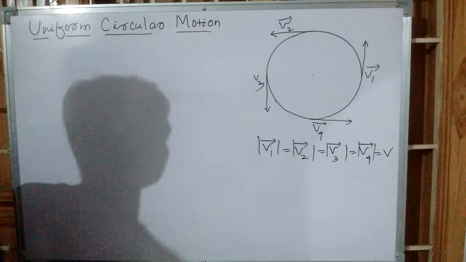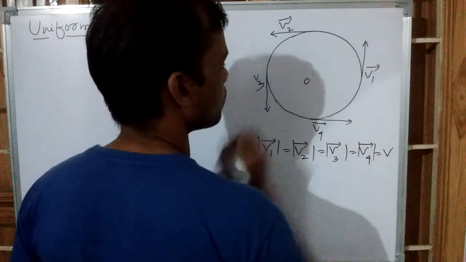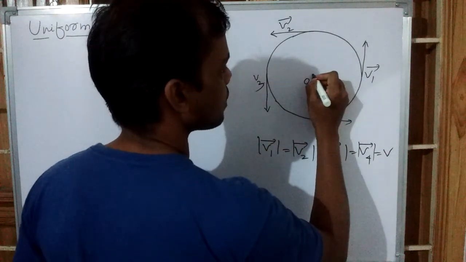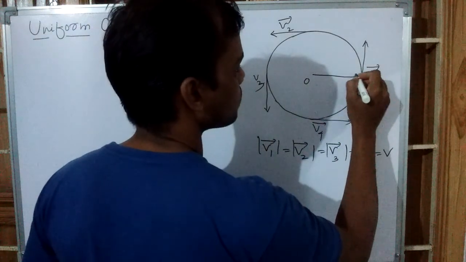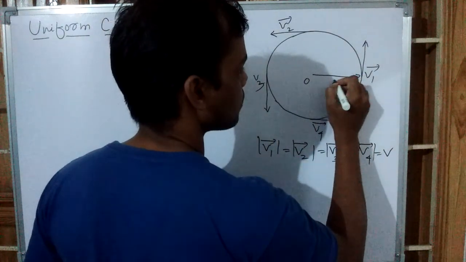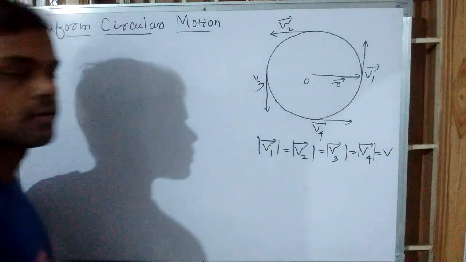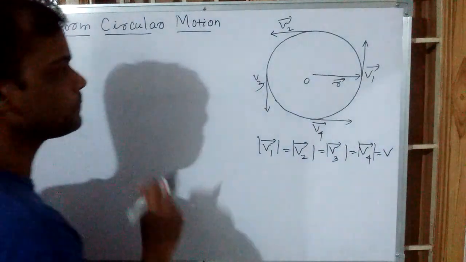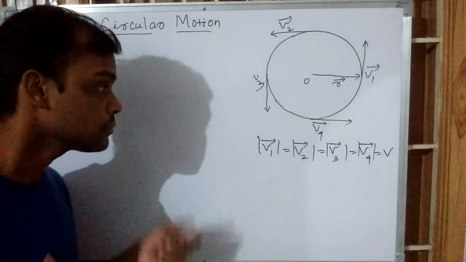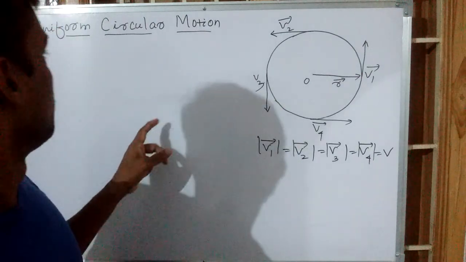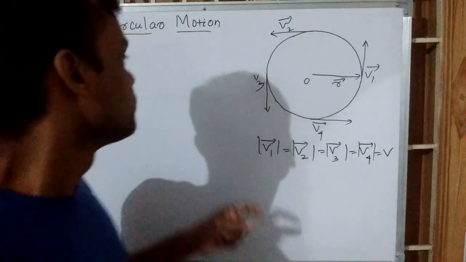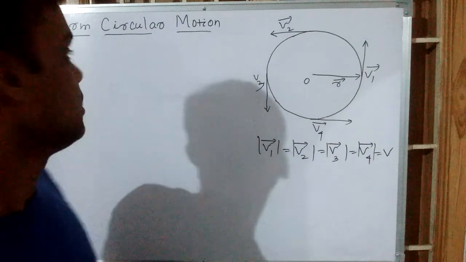Now this is our center O and this is our radius vector R. Now let us come to the real topic, how circular motion happens.